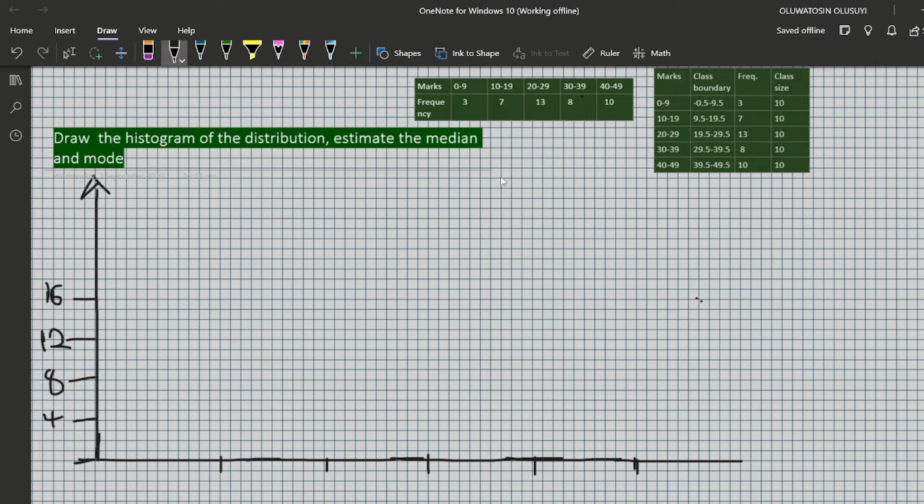What do we have for the class boundary? Negative 0.5 to 9.5. Negative 0.5, you can't go from here, so we should just have something like this. I should have started from here anyway.